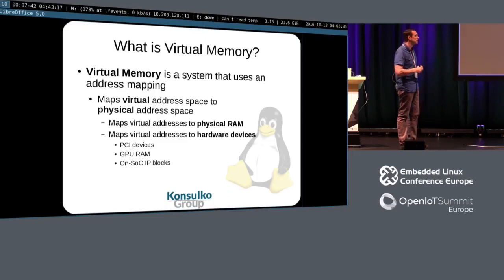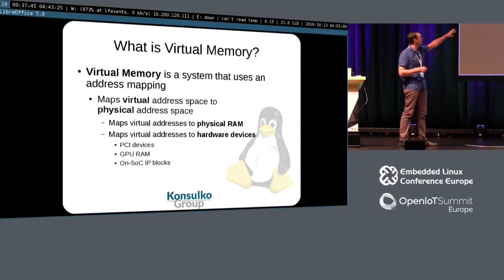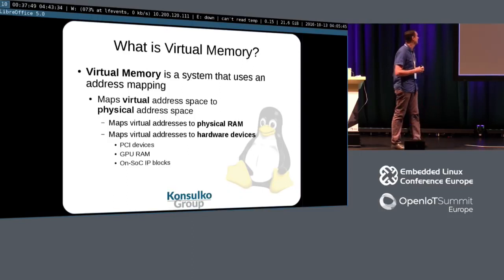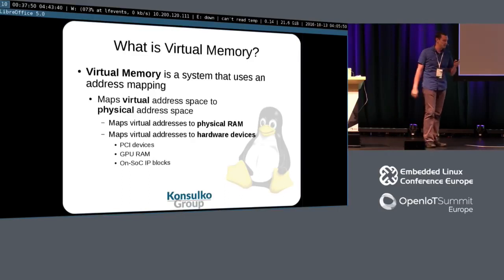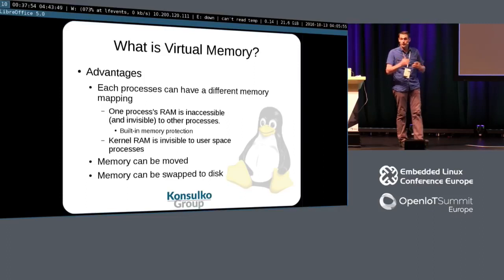And if we can just think in virtual addresses, we can have any mapping we want. So we map virtual addresses to physical RAM, but we also map virtual addresses to hardware devices, right? So PCI, GPU RAM, on-SoC IP blocks, right? Everything. So what's the advantage, right?